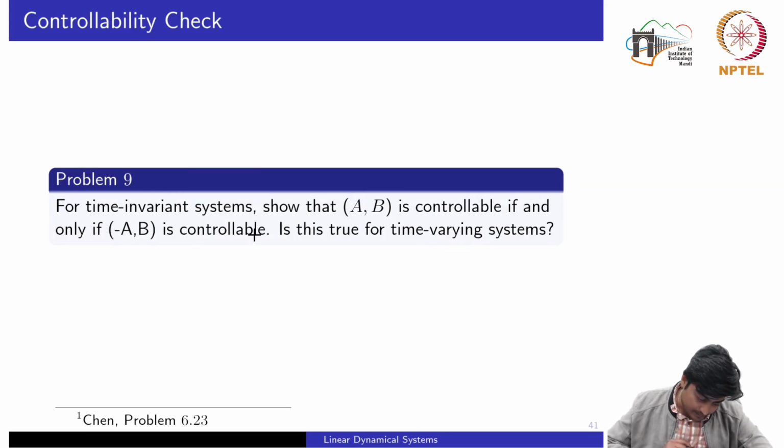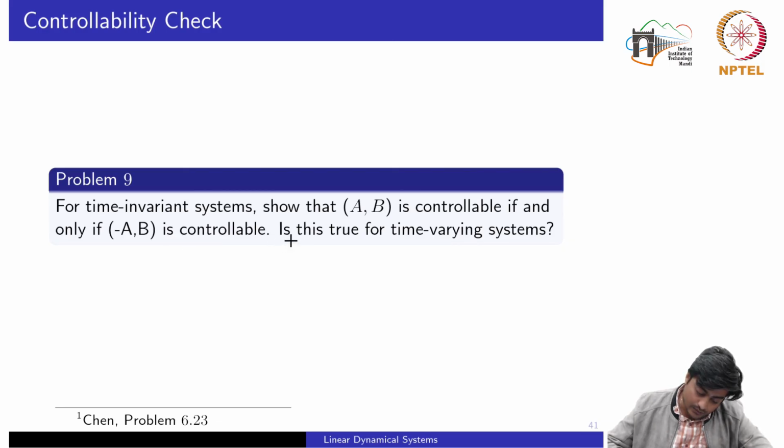So this is the last problem, which again is a controllability check. For time invariant systems, we want to determine that the pair A, B is controllable if and only if minus A, B is controllable. Meaning to say that if I take a negative A matrix, then that new pair is also controllable or not.